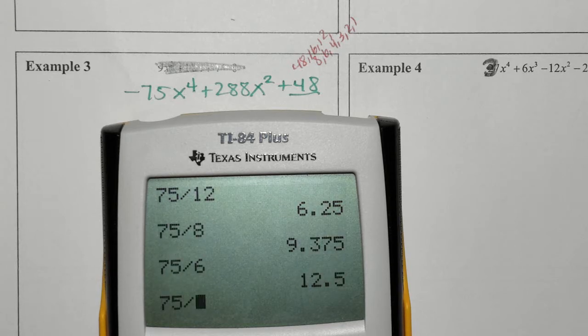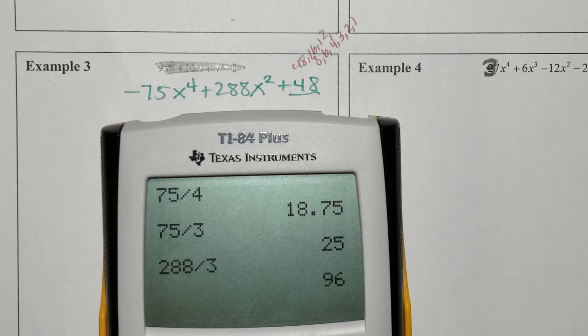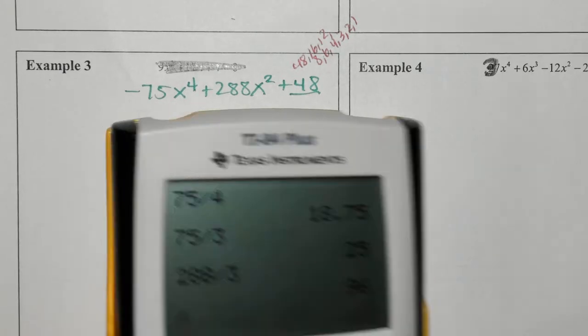I'm going to continue until I get one that works, and 3 happens to work. Now let's make sure 3 divides into 288. It also divides into 288, so let's factor out a 3.